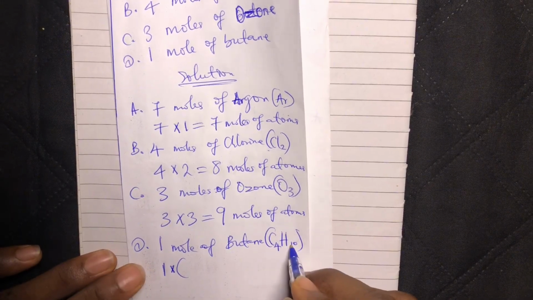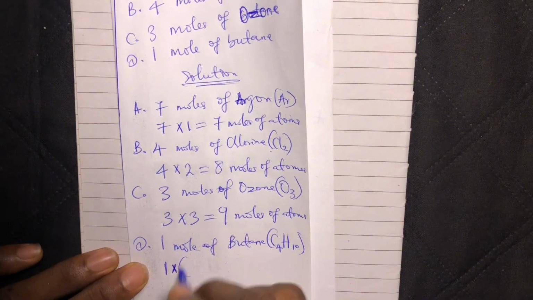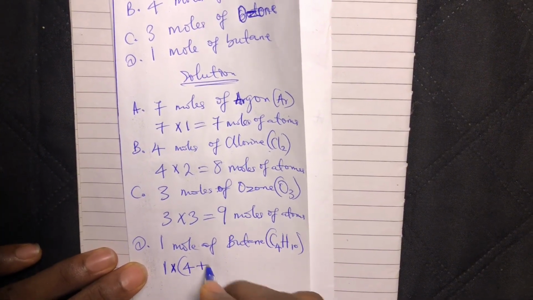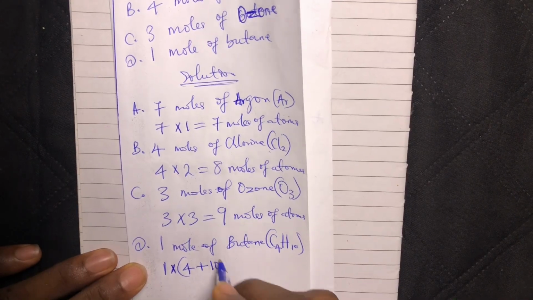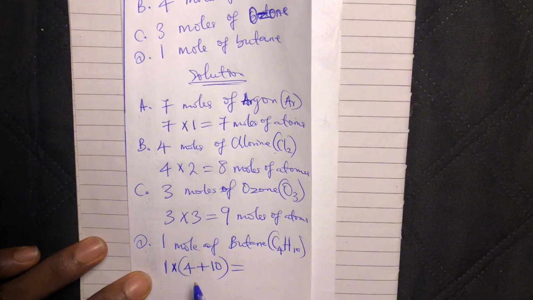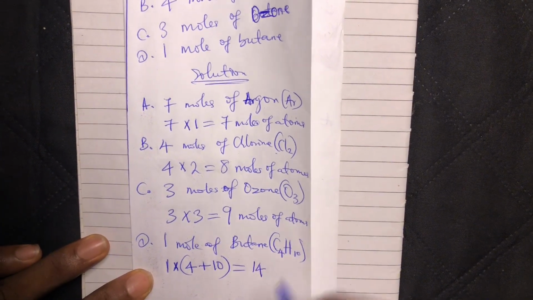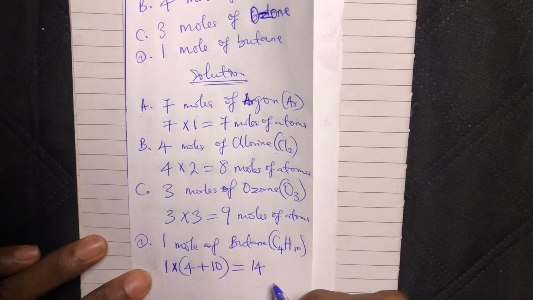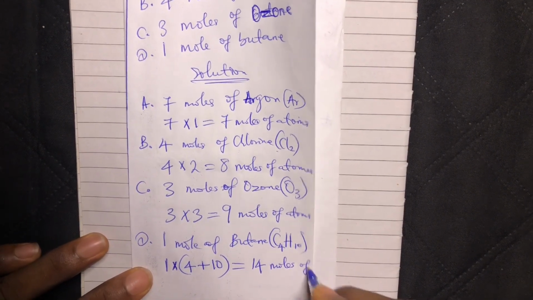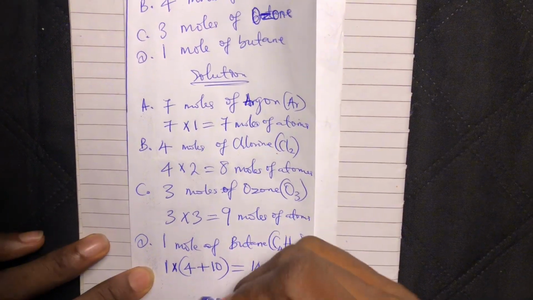That is our butane. So we write 1 times bracket, carbon is 4, so we write 4 plus hydrogen is 10, bracket close, equal to what? Now if you calculate 1 times bracket 4 plus 10, it's going to give you 14. So we have our butane to be 14 moles of atoms.